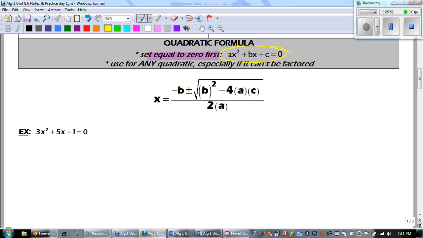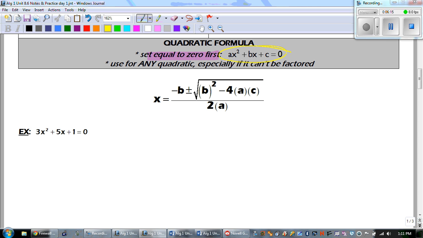Depending on what you want to do, we can use any of them to solve it this way. So let's take a look. There's our huge formula. X equals the opposite of b plus or minus the square root of b squared minus 4ac, all divided by 2a.